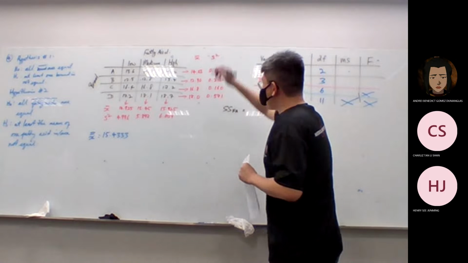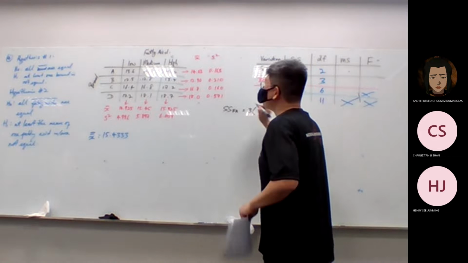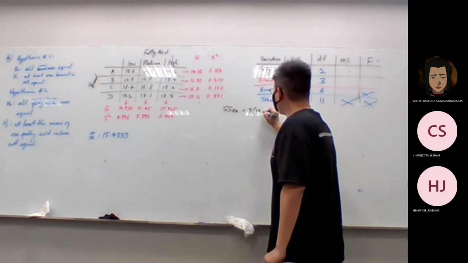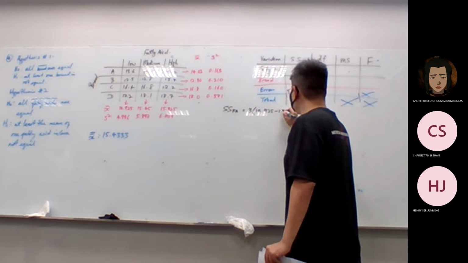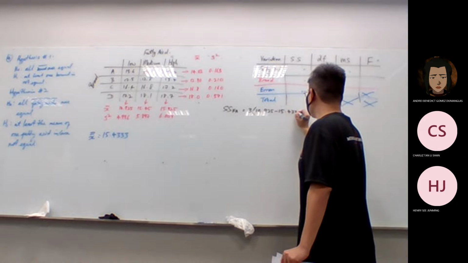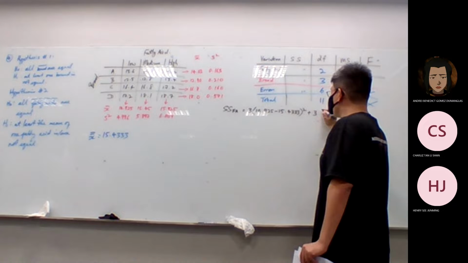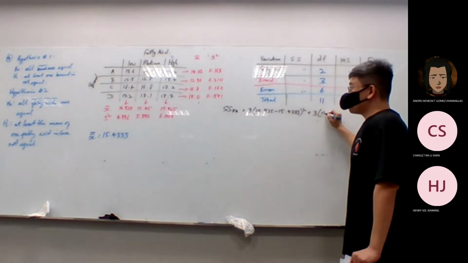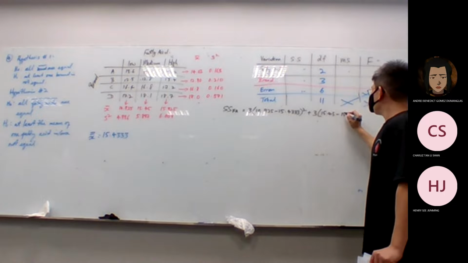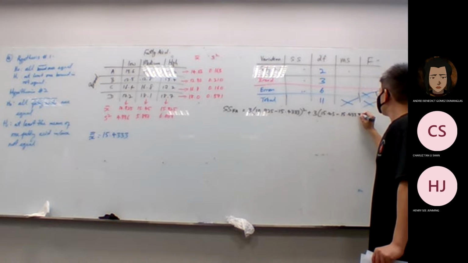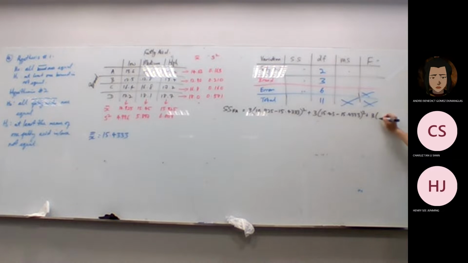For fatty acid, the sample is 3. 3 times 14.925 minus 15.4333 squared plus 3 times 15.45 minus, and still 3.